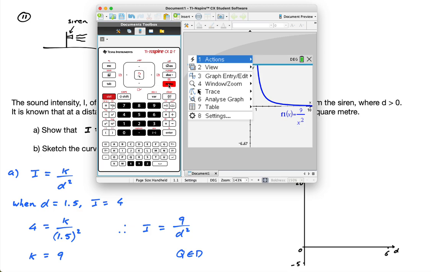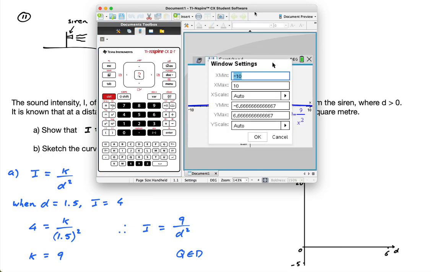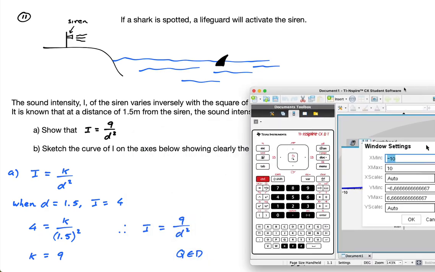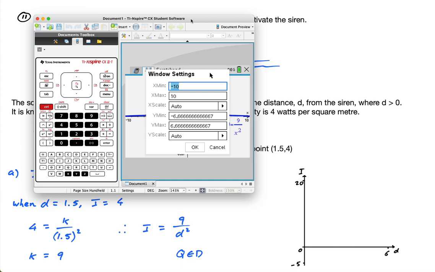So let's actually change our windows, guys. Window settings. Because he wants me to do it from 0 to 6 and 0 to 20. So the X min is 0, the X max is 6, and then Y min is 0, and the Y max is 20.